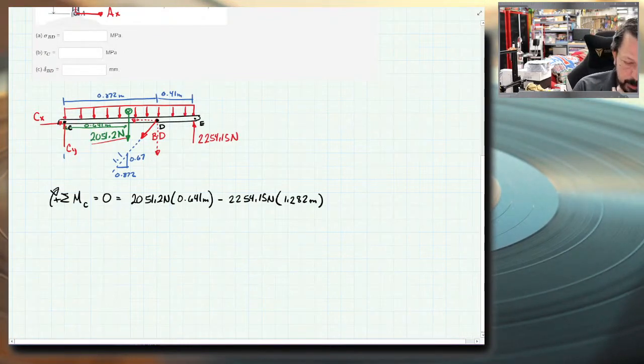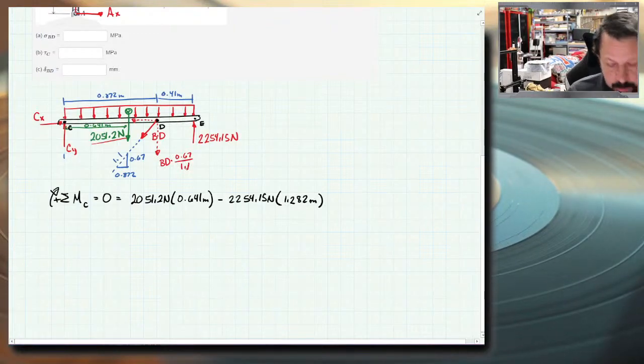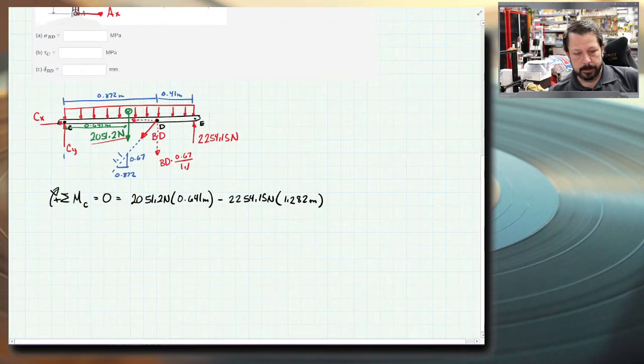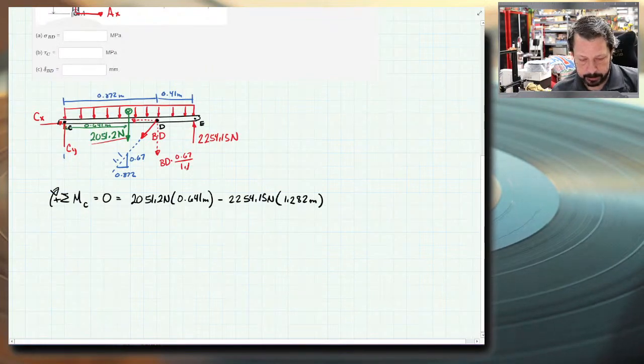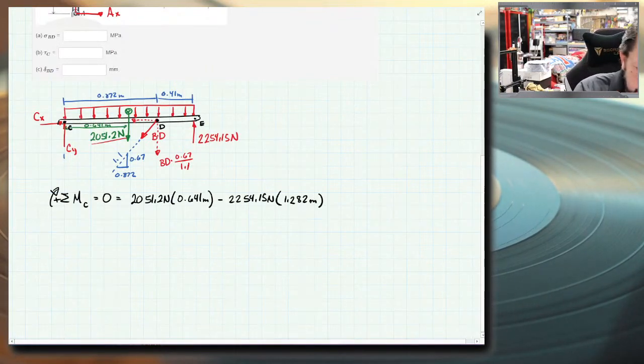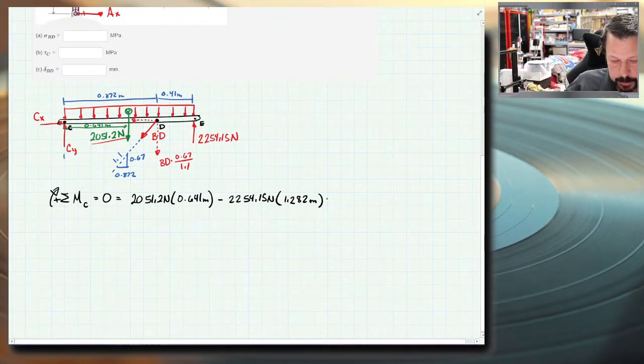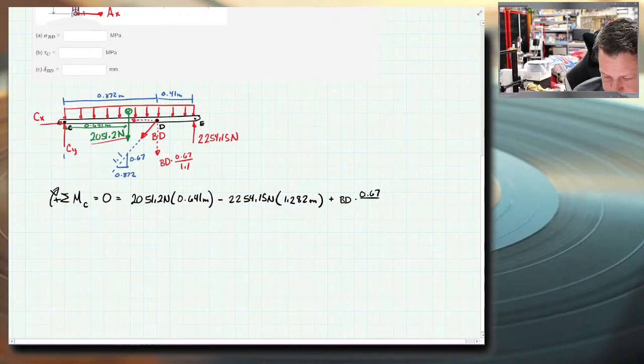So I just need the y component, which would be BD times the y component of this, which would be 0.67 over 1.1. Or you could calculate the angle and do the sine or cosine depending on which angle you're dealing with. So the force that is going around clockwise is plus BD, the one we don't know, only the y component, oh, not 0 over 1.1, the hypotenuse.